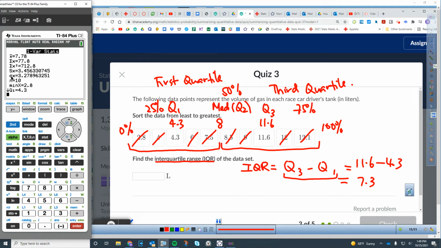This is the standard deviation of the population. So if you scroll down, you see Q3, which we got as 11.6, and Q1 is 4.3. So you could do the math here. You can put it in your calculator, run 1-Var Stats, and then you take Q3 minus Q1 and you get 7.3.